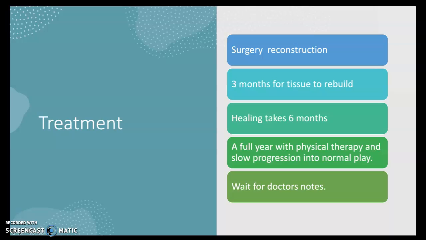The healing total, without the swelling and so forth, will take about 6 months, but it will take a full year of physical therapy and slow progression into normal play to be at 100% of your performance. A lot of coaches and athletic trainers really focus on the doctor's notes. If they don't follow the doctor's notes, you're going to cause more injury to the athlete, which is not what you need to do.